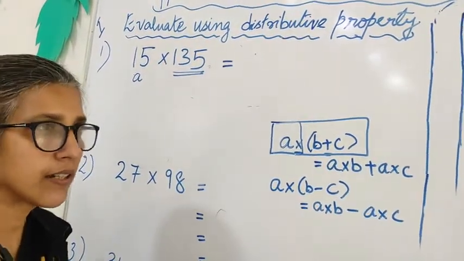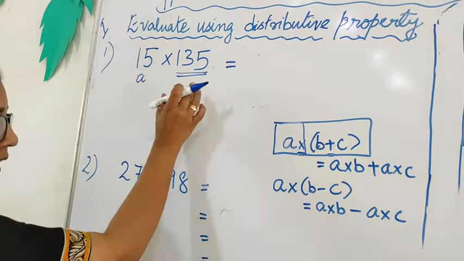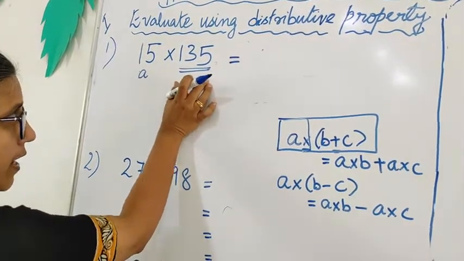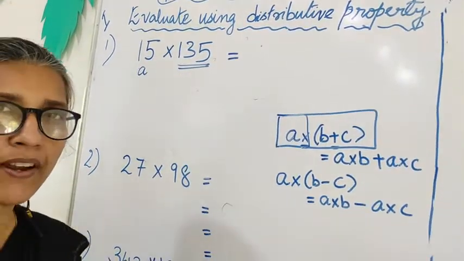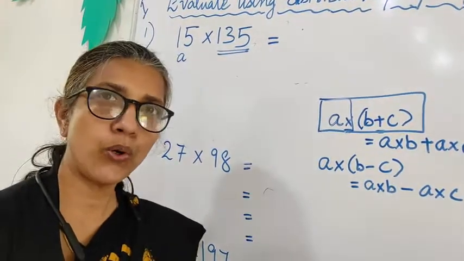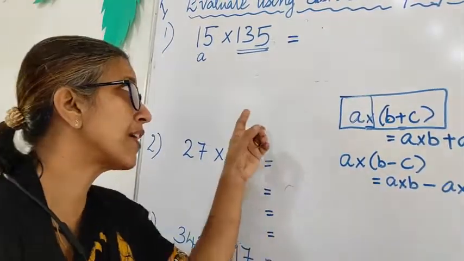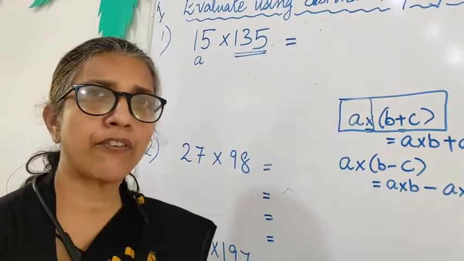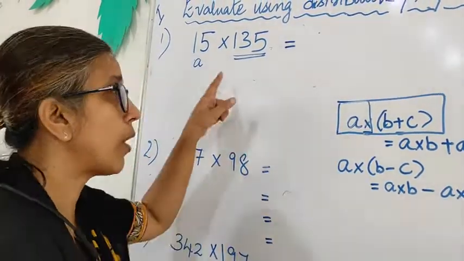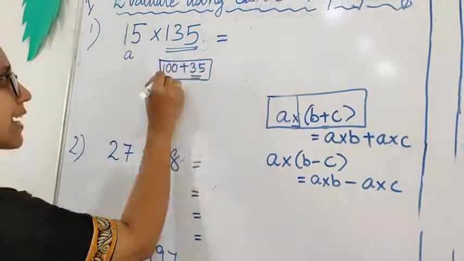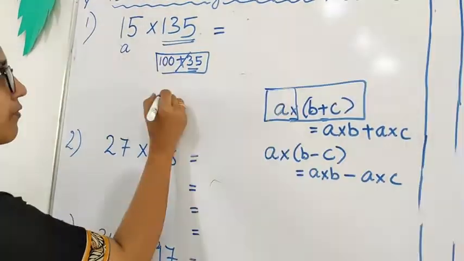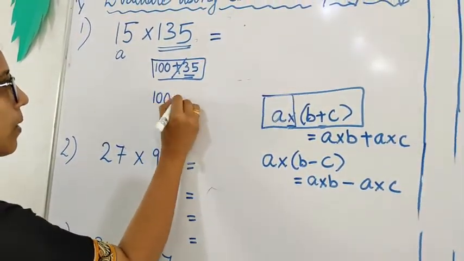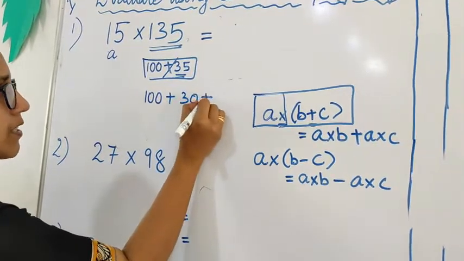So for that, first of all we have to see the number. The number is 135, which is almost near to 100. 135 is between 100 and 200. But 135 is more near to 100. So I can expand this 135 as 100 plus 30 plus 5.